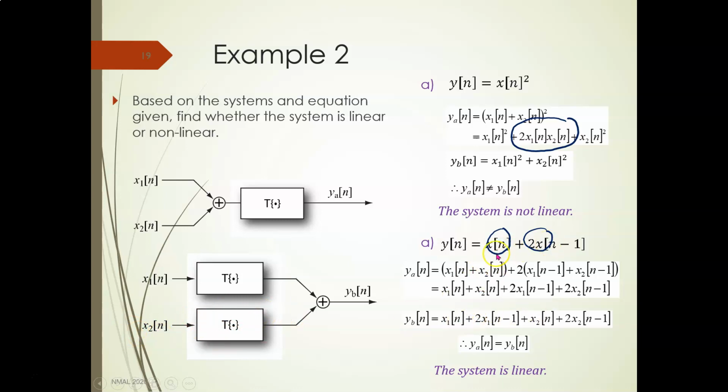In other words, if you look at the equation, we change to x1 first, so x1 plus 2x1 n minus 1, and then the same equation with x2 plus 2x2. If we rearrange here, we can see that ya is equal to yb, because this one is equal to this. You just have to rearrange the equation, and you see ya is equal to yb, and thus the system is linear. So you can see an example when the system is not linear, and also when the system is linear.